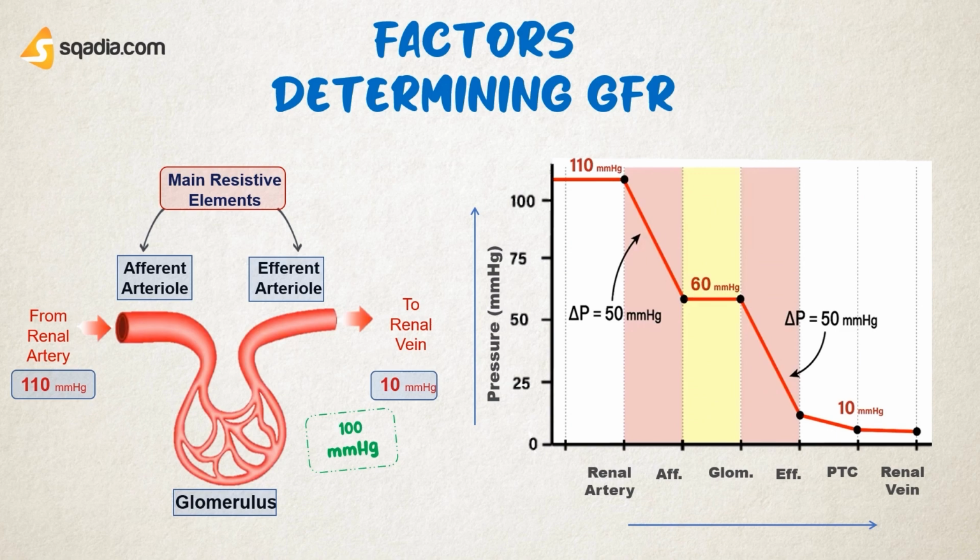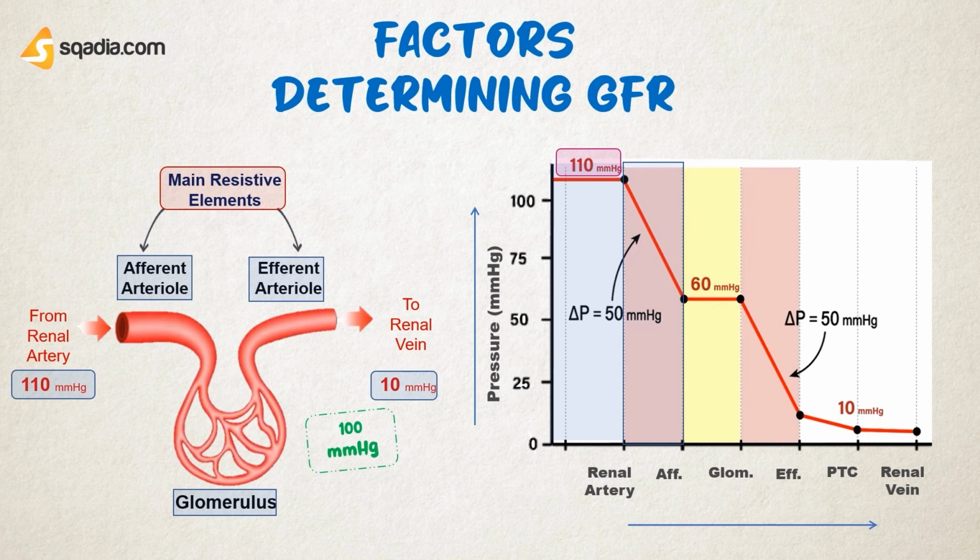This graph represents the landscape of blood pressures within the different vascular segments within the kidneys. Note that the blood that enters the kidneys via the renal artery has a relatively high blood pressure of 110 millimeter of mercury. This blood then distributes down to afferent arterioles, which is the first resistive element in the renal vascular series.